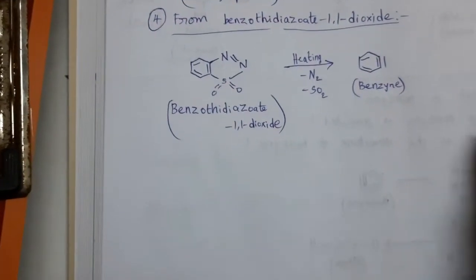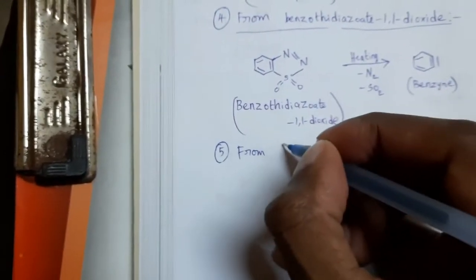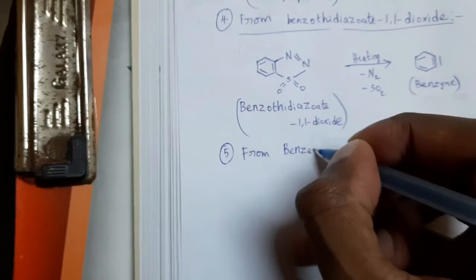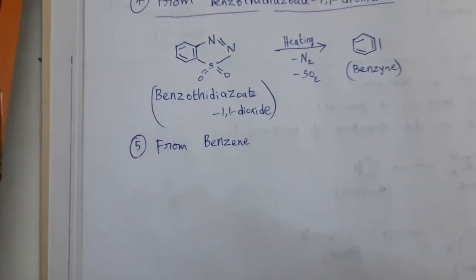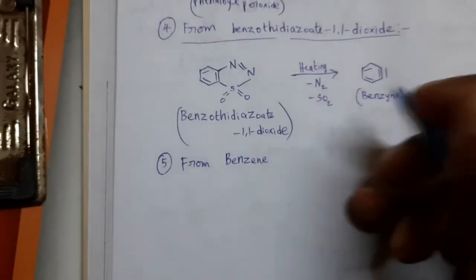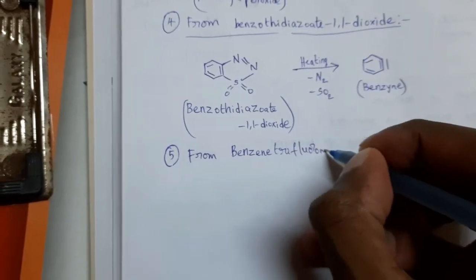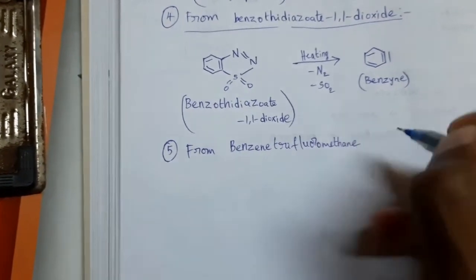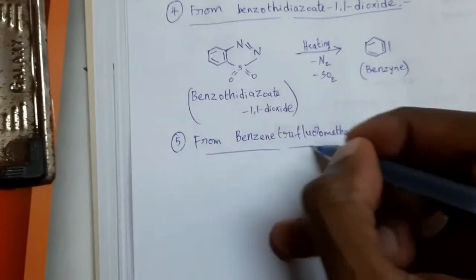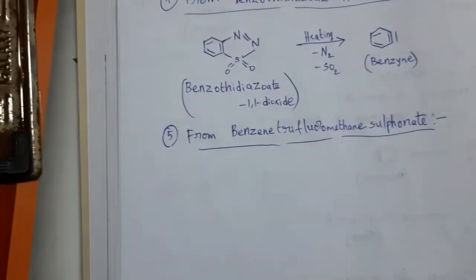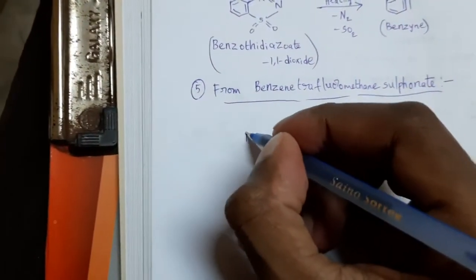Next preparation is from benzene trifluoromethane sulfonate. From this compound we can prepare benzyne. See here, the compound structure is this one.